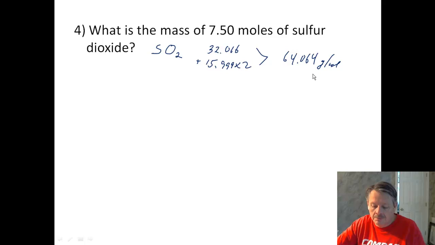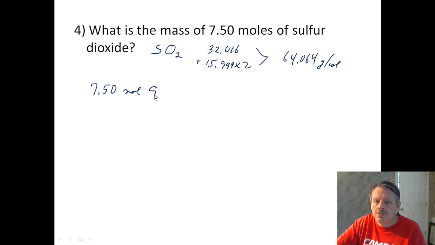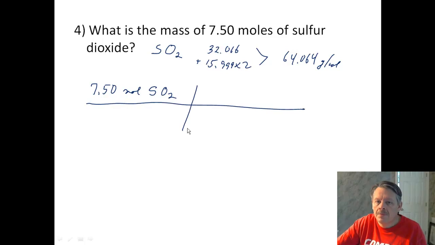All right. So then what I do is I take my 7.50 moles of sulfur dioxide, and I have to get rid of moles of sulfur dioxide, and I have to go to grams of sulfur dioxide.